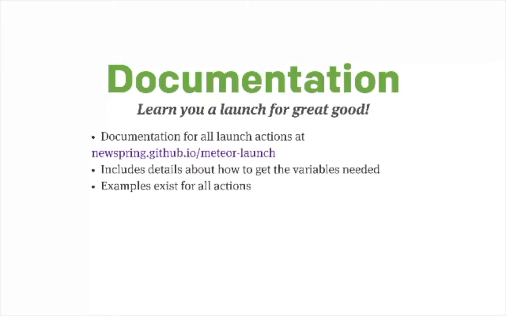And we have examples. I mentioned both the launch to-dos example and the launch basic example. Those are both up on GitHub with Travis files. So you can just go and copy how I did it.